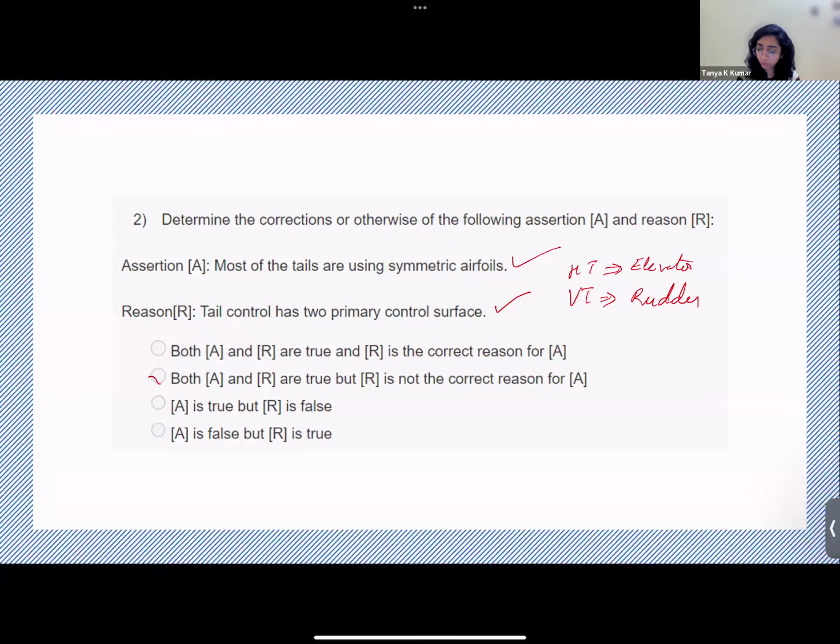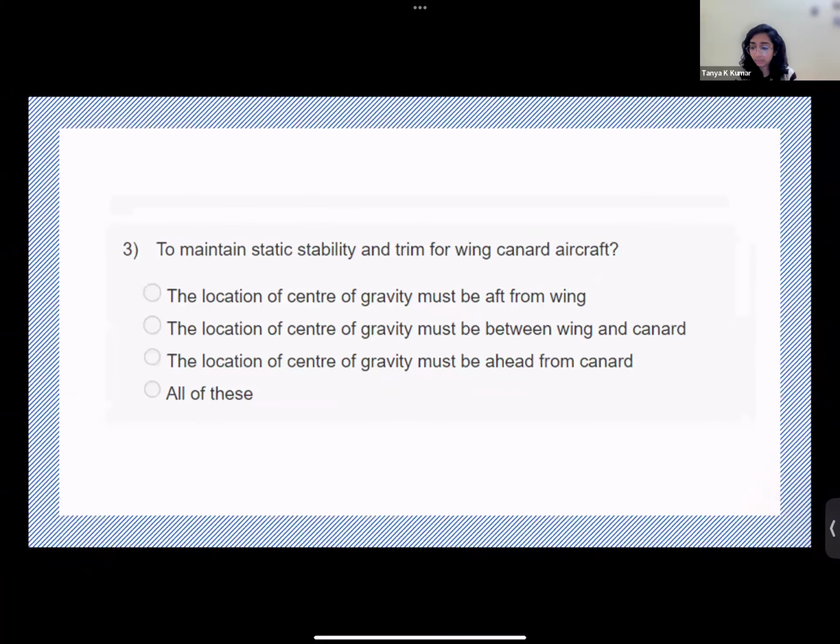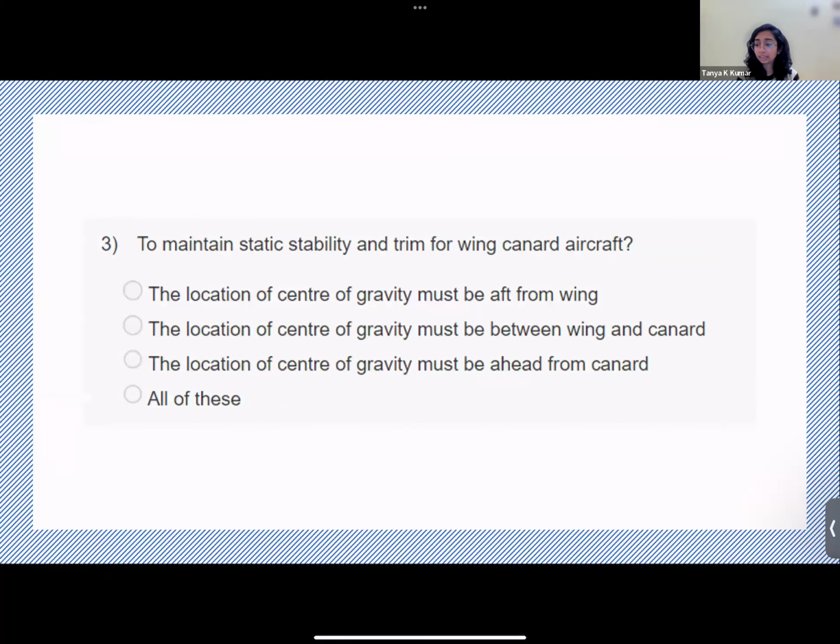Yes. So both A and R are true, but R is not the correct reason for A. Correct. Next question. To maintain static stability and trim for a wing canard aircraft, which of the following conditions should be met? Read the question options carefully.